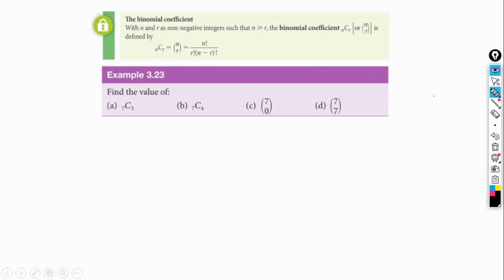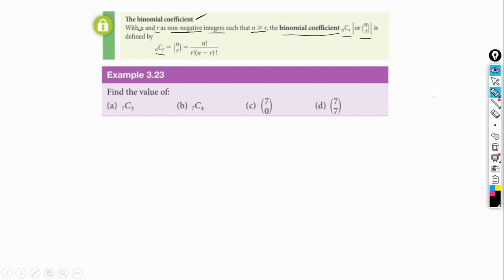So here we have the definition for the binomial coefficient, and it says, with n and r as non-negative integers such that n is greater than or equal to r, the binomial coefficient, and this is a notation, notice that you have two different kinds of notation that are the same, and this is something from probability. This is what's called a combination.